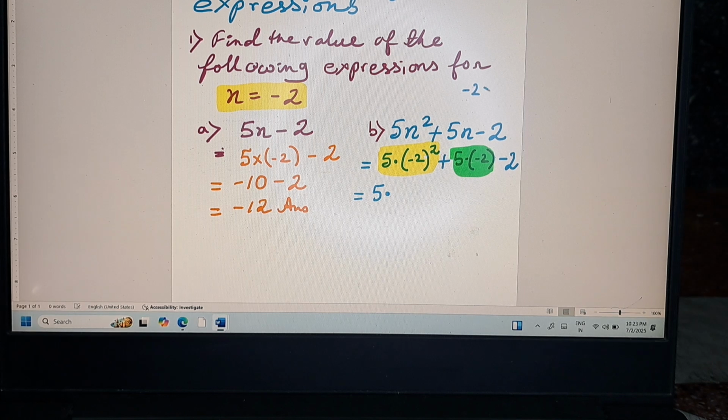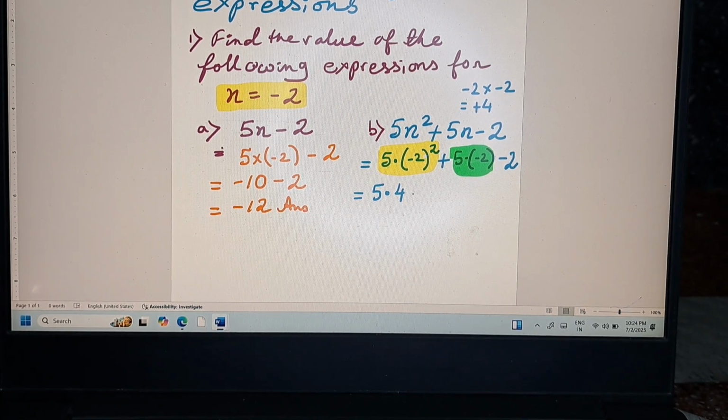Minus 2 into minus 2. Students, we have to remember one thing: when the power is an even number, the sign will be positive, and when the power is an odd number, the sign will be negative. Now minus 2 into minus 2 in multiplication, the sign will change. So minus minus is plus, 2 into 2 is 4. So here we write 4. 5 dot 4 means 5 multiplied by 4.